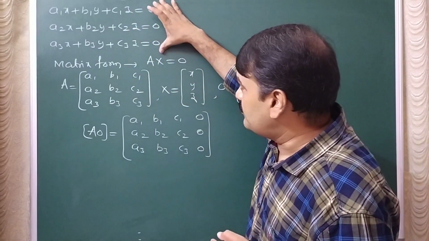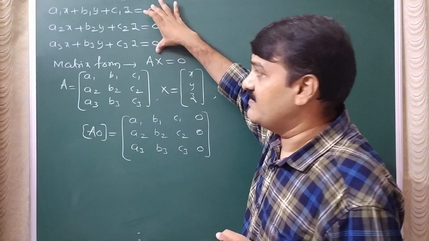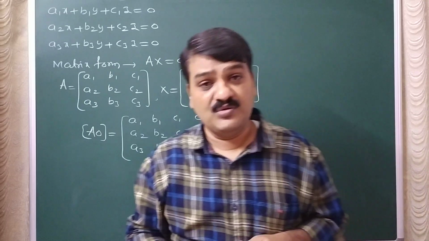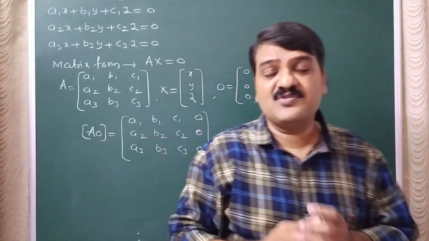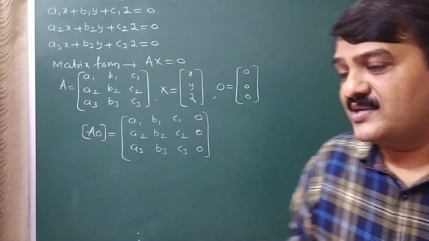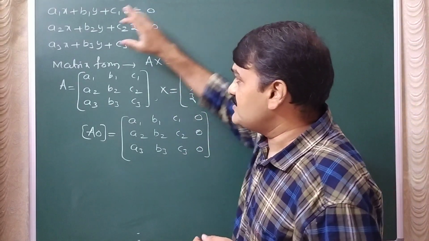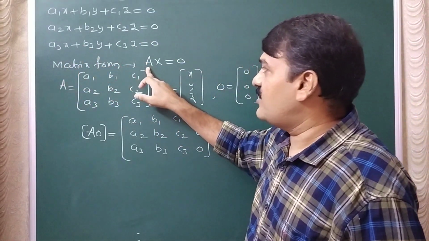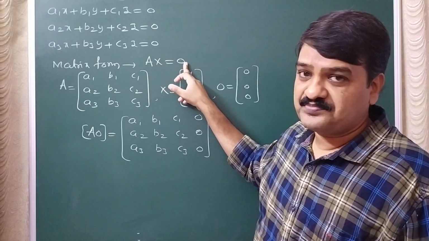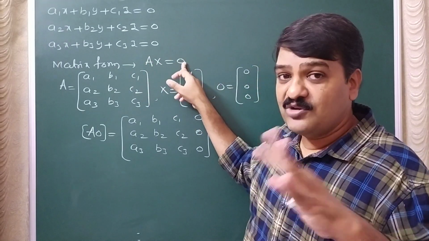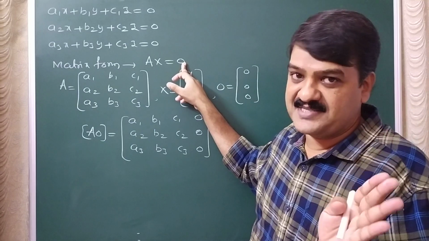When a set of homogeneous equations is given, how to find the solution, how many types of solutions there will be, all these things we will discuss. So this set of homogeneous equations written in matrix form is Ax = 0, where 0 is not a numerical 0, it is the zero matrix here.